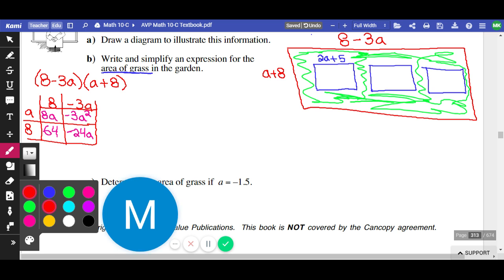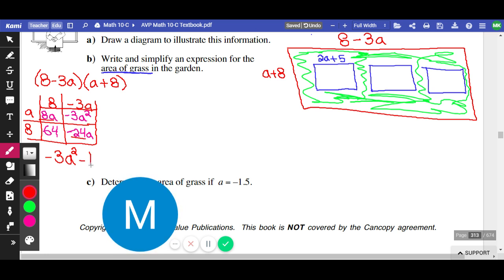And you can combine like terms as well. I'm going to do it all in one big swoop. So we have negative 3a squared. I have 8a and negative 24a. Those would combine to be negative 16a. And then I have plus 64. That is the area of the red rectangle, like the whole thing.